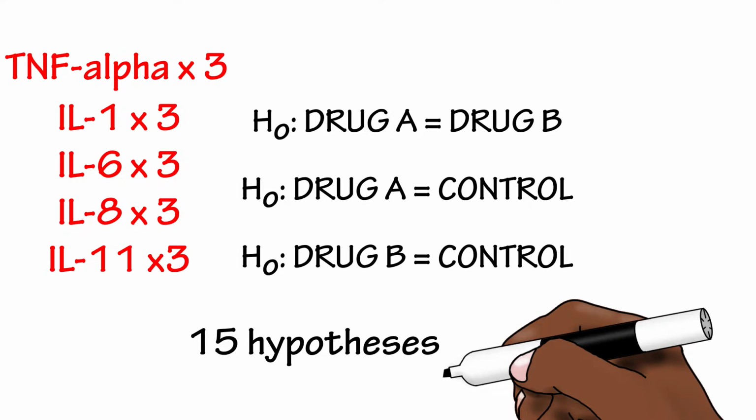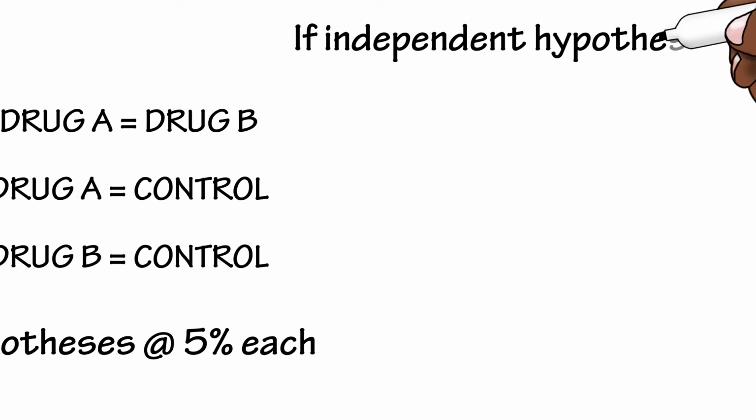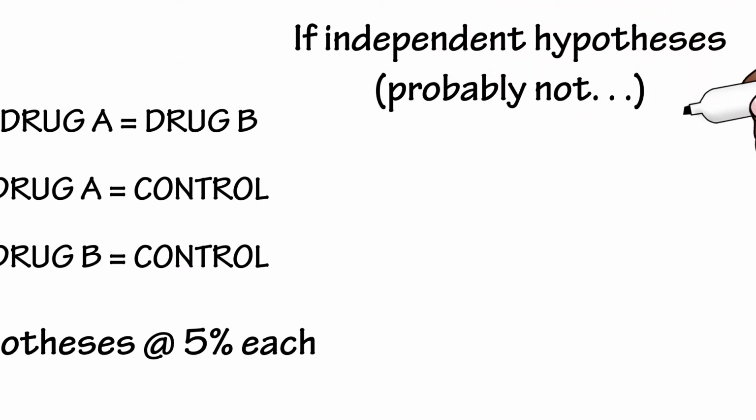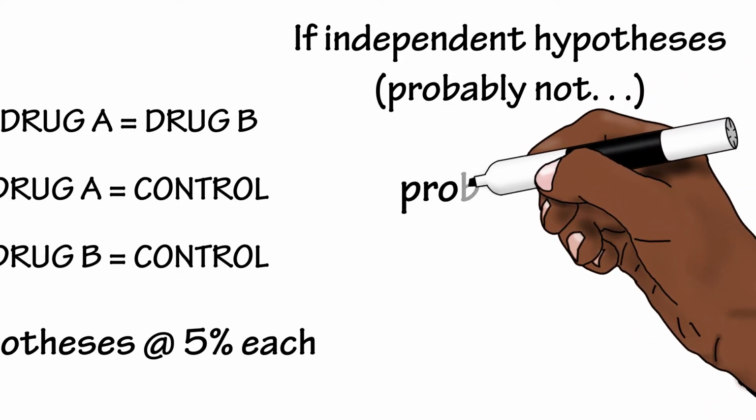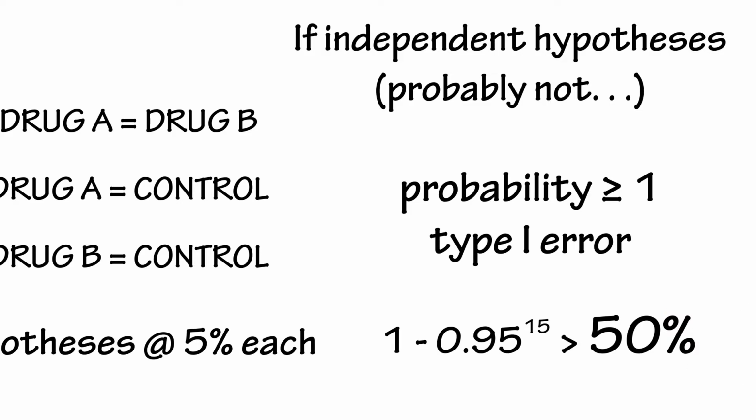Oh, I didn't think of it as being so many. Assuming the null is true for each of these hypotheses, then each one of those hypotheses has a 5% chance of being a type 1 error. If we further assumed, for simplicity, that all 15 tests were independent, over the 15 comparisons, the probability you get at least one type 1 error is over 50%. Oh, that's pretty high. Exactly.